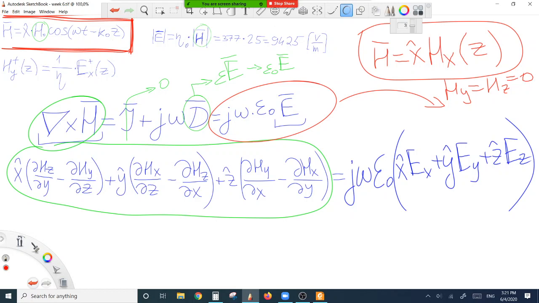So this first bracket is 0 because one of the terms involves Hz, another one involves Hy.